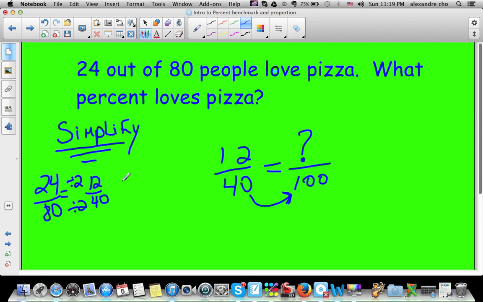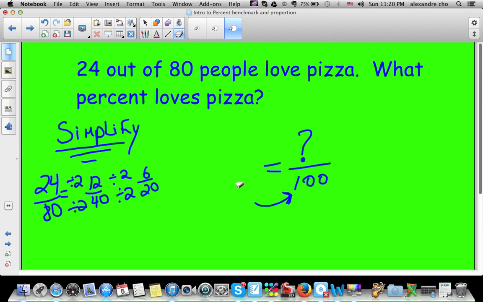So let's simplify 12 over 40 again, and let's divide the top by 2 and divide the bottom by 2. That gives us 6 over 20. And let's substitute. Let's erase that again. And instead of 12 over 40, let's write 6 over 20.